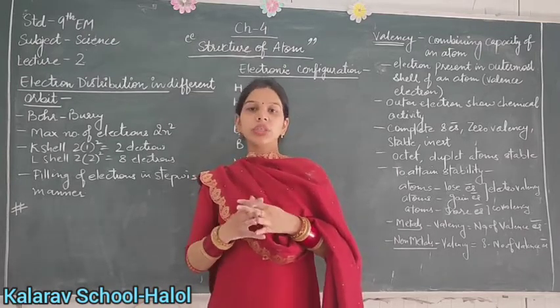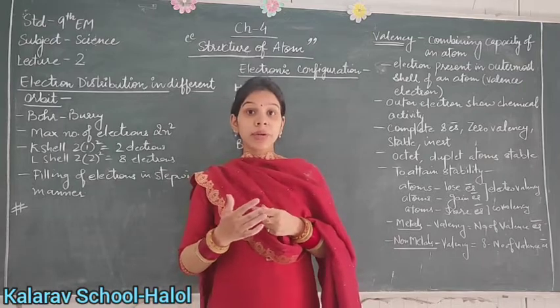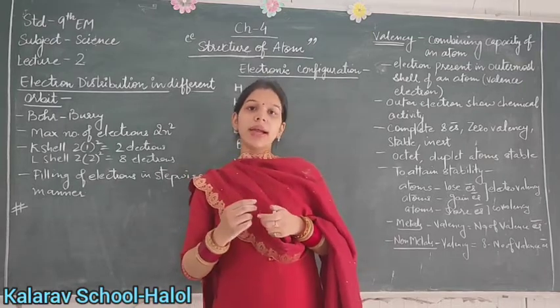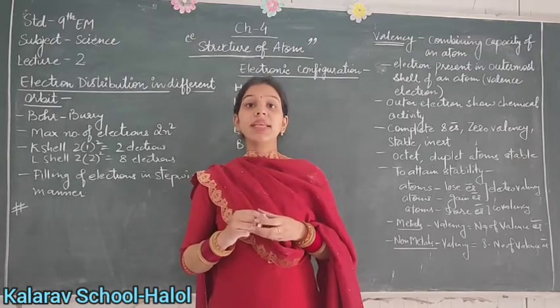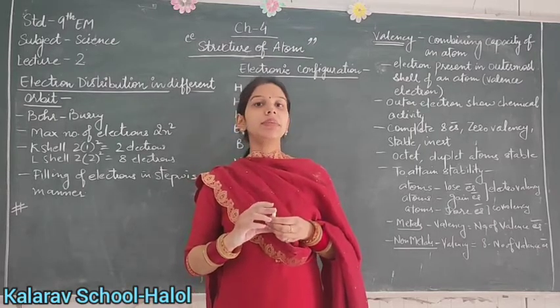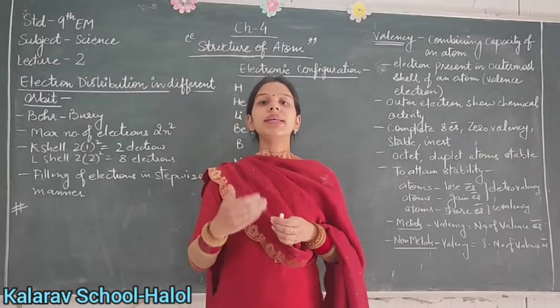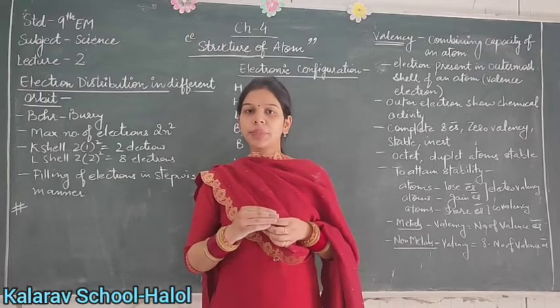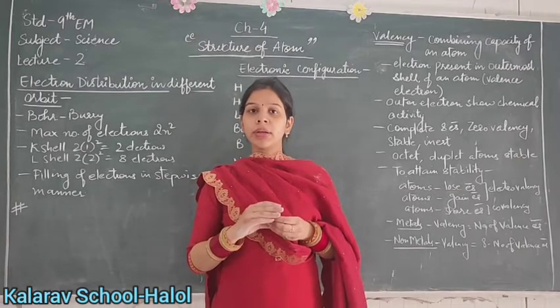So here is a question, you try to answer it. If the number of electrons of an atom is 8 and the number of protons of the atom is 8, what is the atomic number of that atom or element?